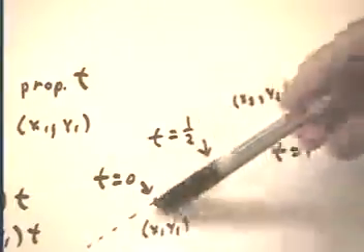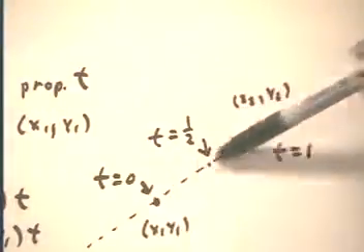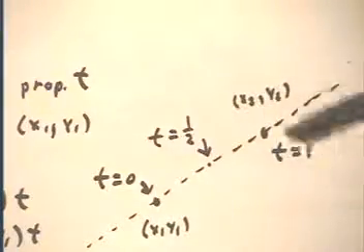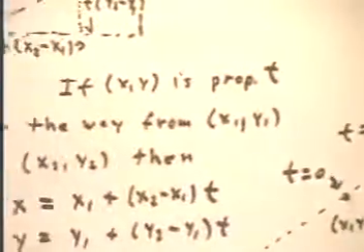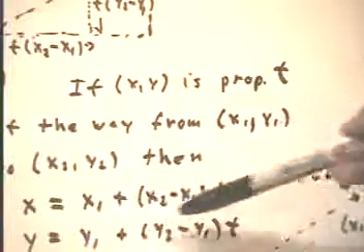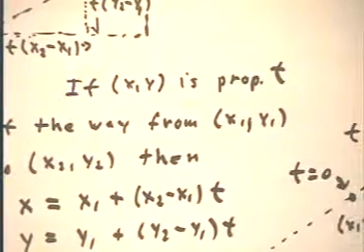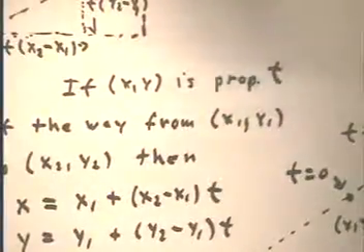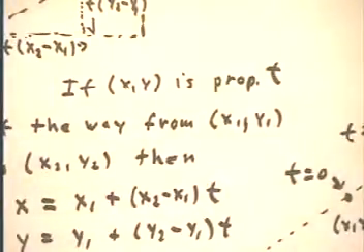And by letting t take all possible values from -infinity to infinity, we get the whole line. So what we have here again is a set of parametric equations. If t is allowed to take all possible values, we get all the points on the line defined by x1, y1, and x2, y2.